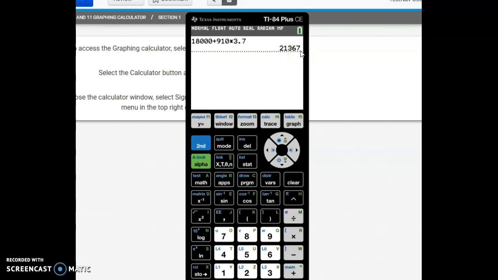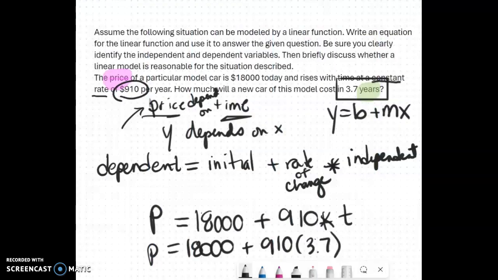So the price of the car after 3.7 years will be, in dollars, $21,367.